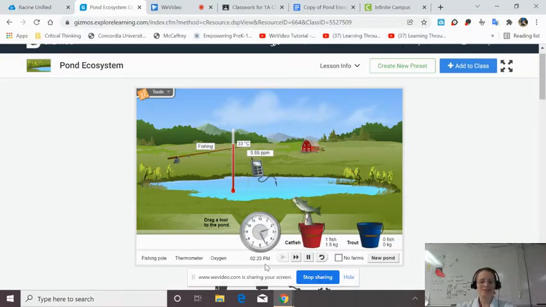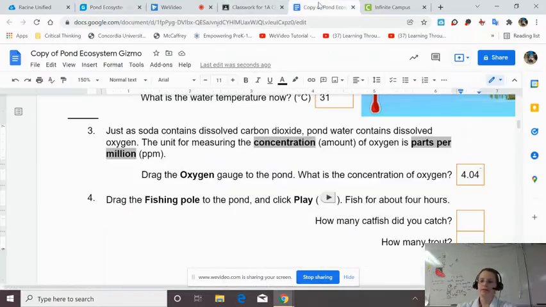It's like watching paint dry. Okay, and there we go. We caught 2 catfish and 0 trout.